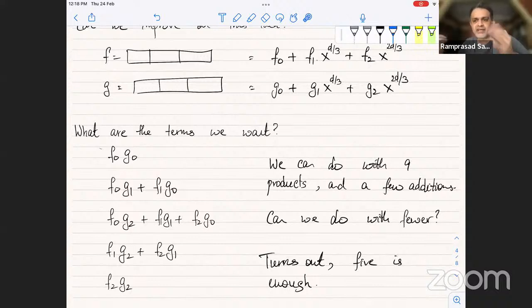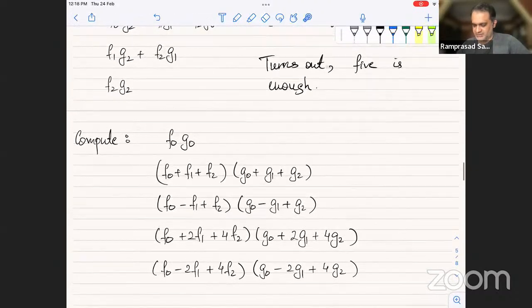So if we can do this, this will again give us another recursion. It will look like 5 times t of d by 9 plus an order d sort of thing, which we can solve. But let me tell you what the 5 terms are. And the 5 terms happen to be these.